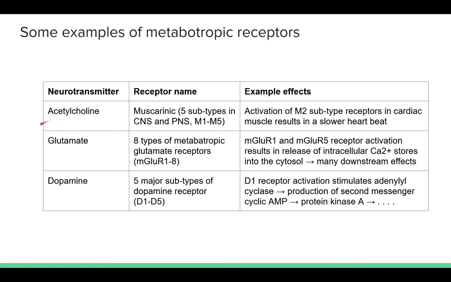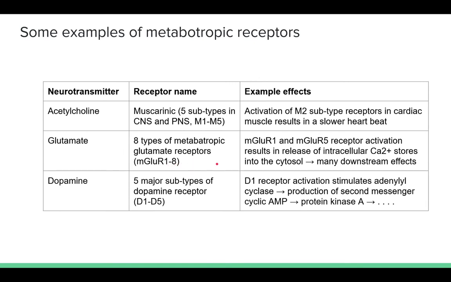Glutamate is another neurotransmitter that we've talked about before that has both ionotropic and, as it turns out, 8 different subtypes of metabotropic glutamate receptors. These are usually just called mGluR1 through mGluR8.